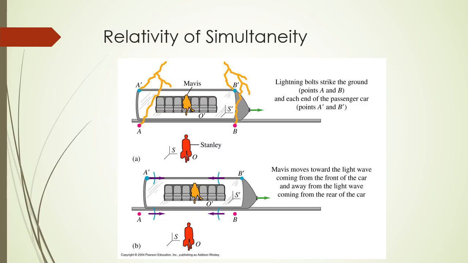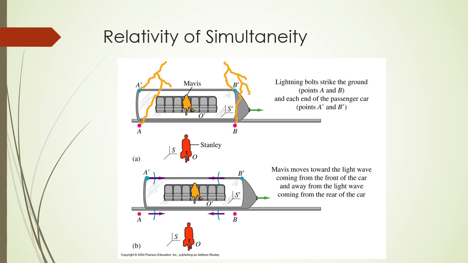Yep. All right. So what happens is, from the perspective of the S frame, from Stanley's frame, he basically sees that the light waves move from the front of the car towards Mavis, and Mavis is moving towards them. So the light waves move at the speed of light, so Mavis will hit the front light waves first. So from his perspective, she should see the front light waves hit her first.